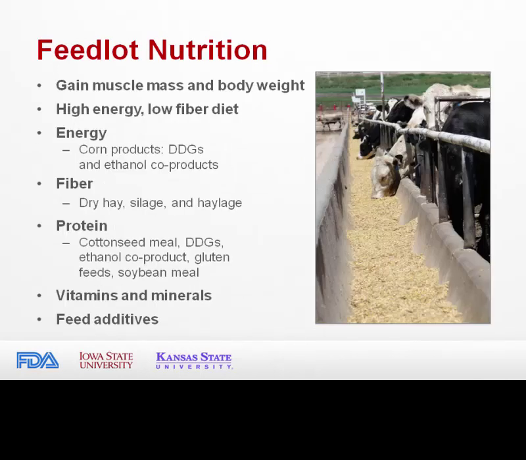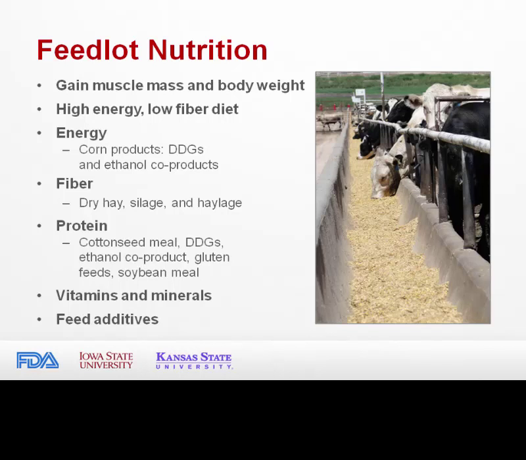The feed products used, as well as the ultimate goal of feeding feedlot cattle, are very different from those on a cow-calf operation. The goal of feeding feedlot cattle is to add muscle mass and fat in a relatively short amount of time so they can be harvested for human consumption.